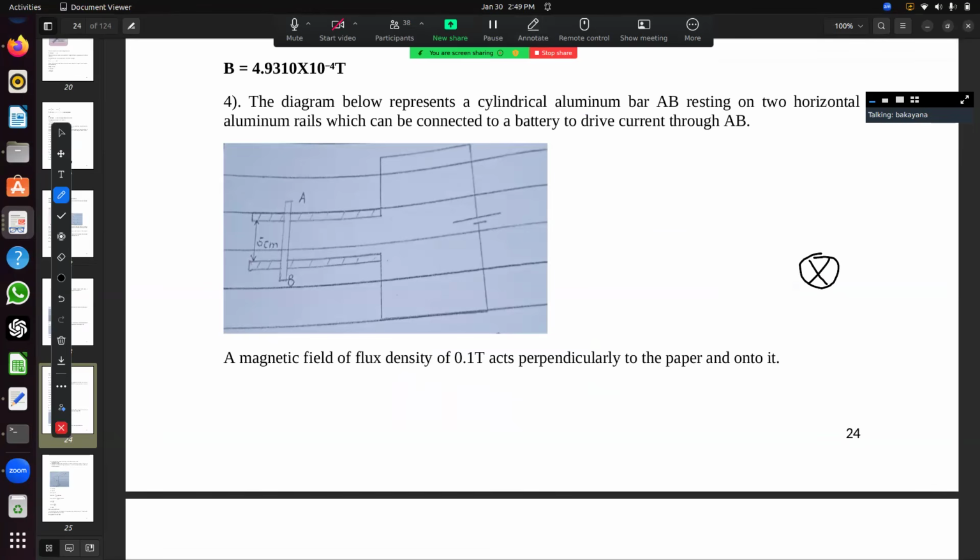Though this is two-dimensional, we write this to indicate that it was actually going inside. In two dimensions it doesn't come out so well, because if this is the direction of the current and also the direction of the field, we have to show that the force is moving perpendicular to both the field and the current.